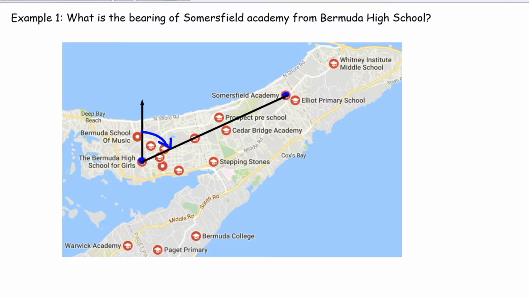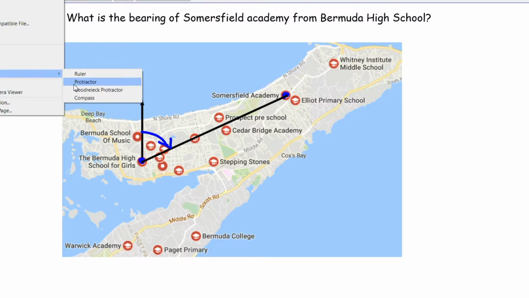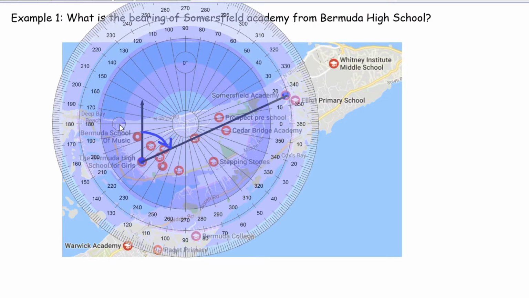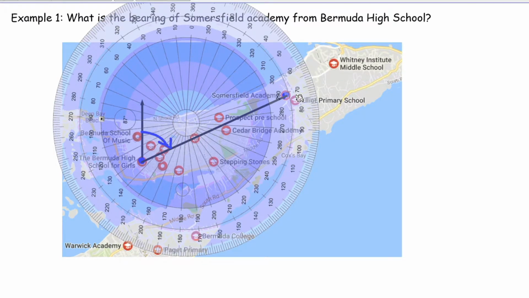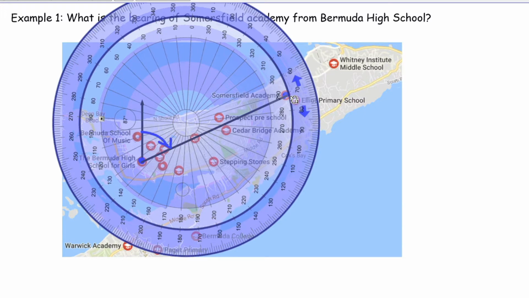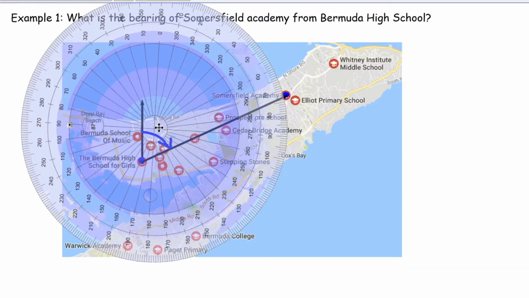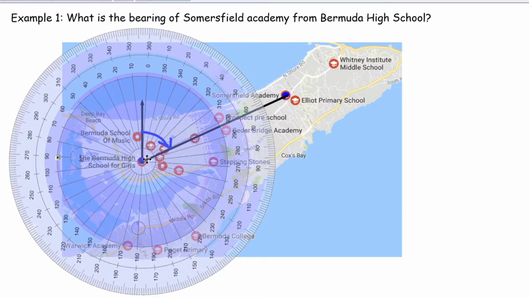So let's measure it. We need a protractor. Let me use this protractor that looks like a compass. My 0 line should be facing north, so I'm just going to put it there.